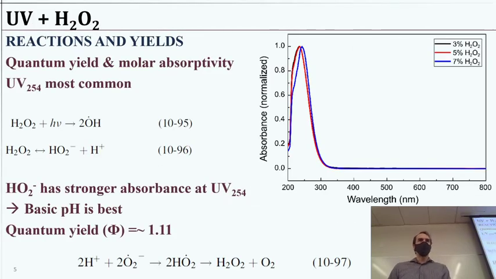Okay, so let's take a look at UV and peroxide and consider what that implies and entails here. The key pieces of an advanced oxidation process driven by UV light are really the quantum yield and the molar absorptivity of the oxidant that we are splitting.